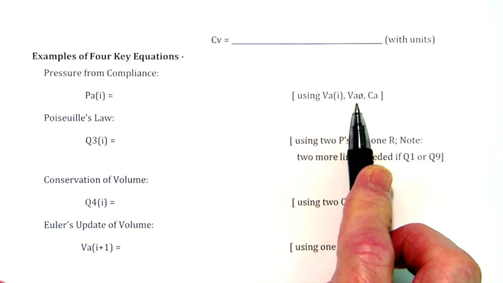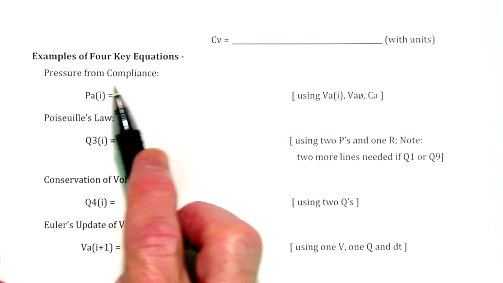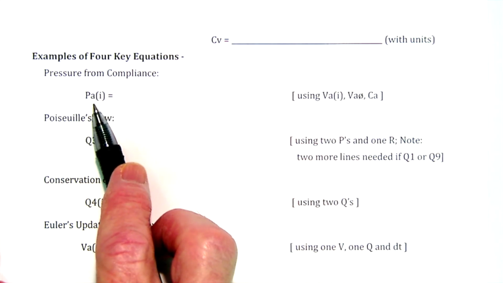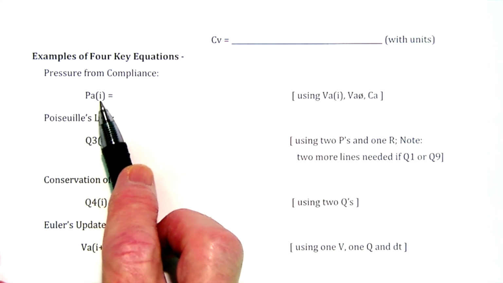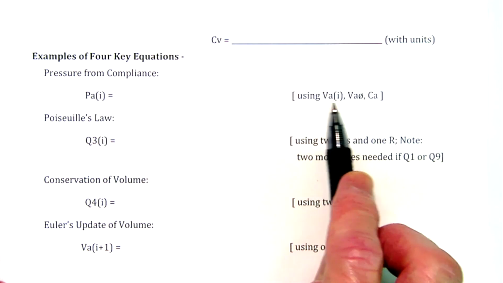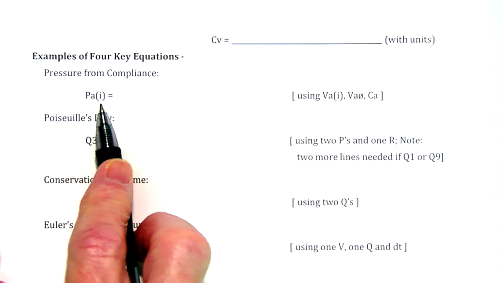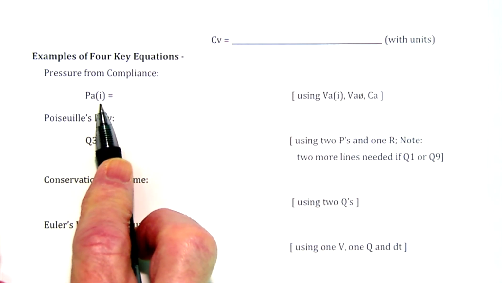It's the residual volume, which is constant. In the same way with C sub A, that is not vectorized. There's no I behind those. But all of the variables that change in time are vectorized with an I in the parentheses behind that variable.